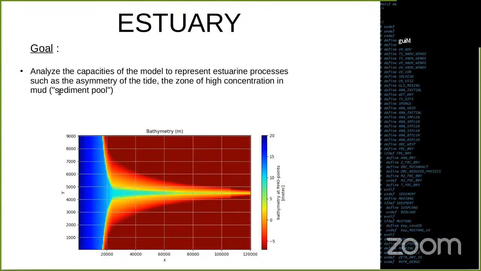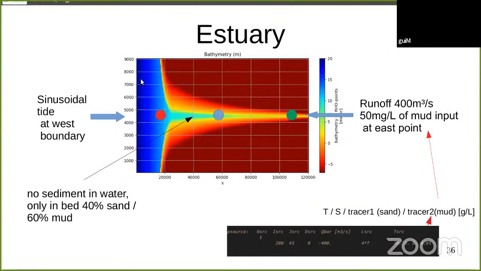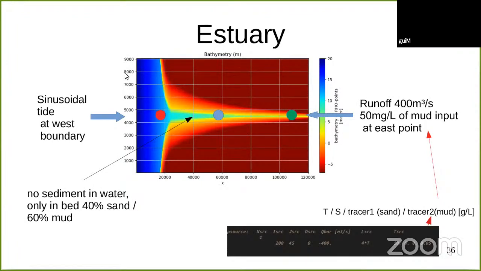So this test case is to understand what happened. We put a sinusoidal tide to reproduce a tidal cycle, and as we are in an estuary, we also have a runoff value with low salinity, and we also put in some mud concentration.